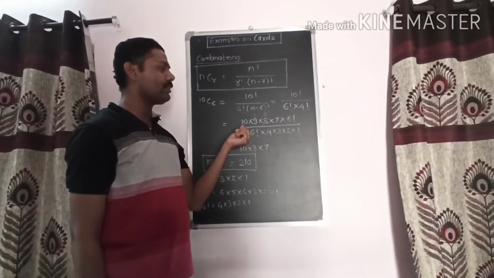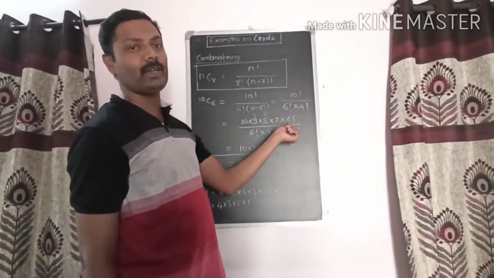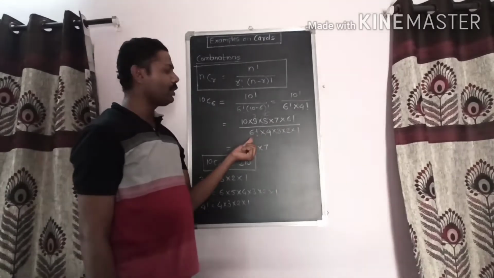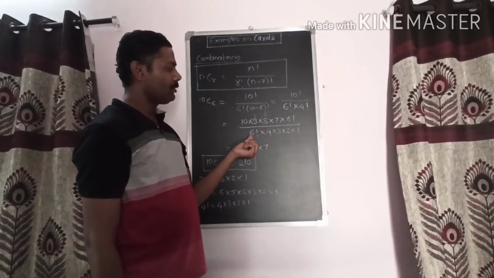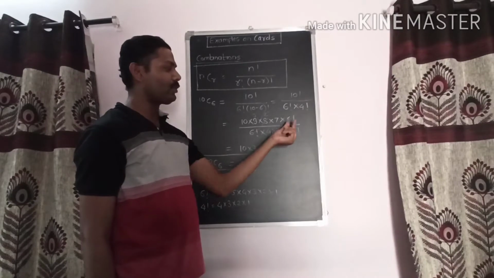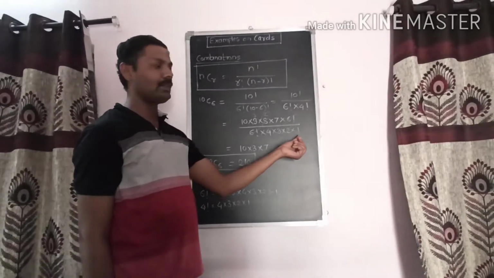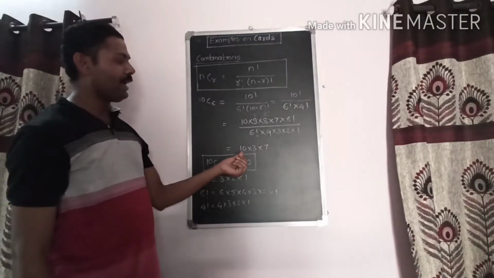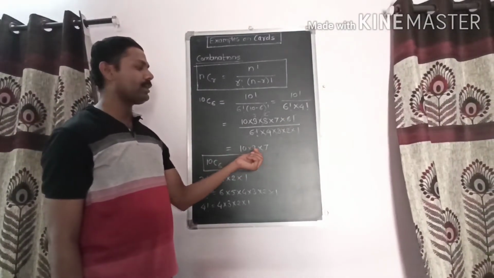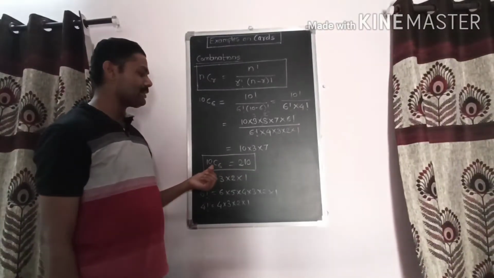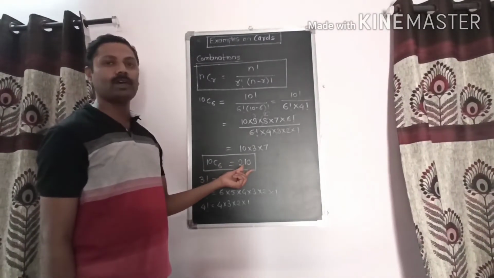So we have taken the multiplication up to 6 factorial. So at the position of denominator, here is 6 factorial into 4 factorial means 4 multiplied by 3 multiplied by 2 multiplied by 1. By simplifying this, we have multiplication 10 into 3 into 7. So final answer is 210. So 10C6, it is 210.